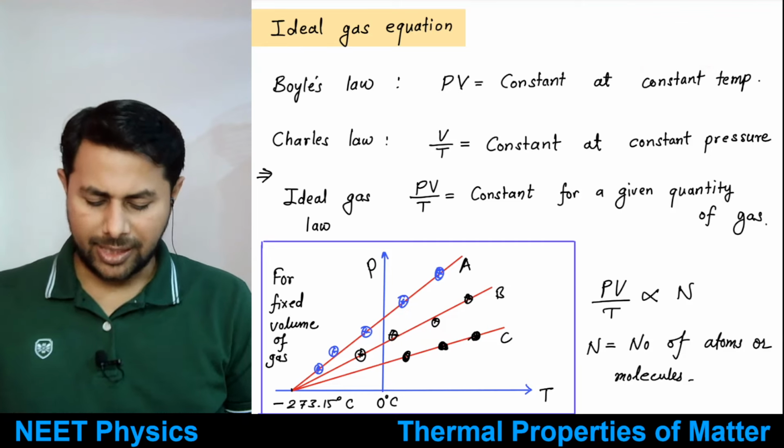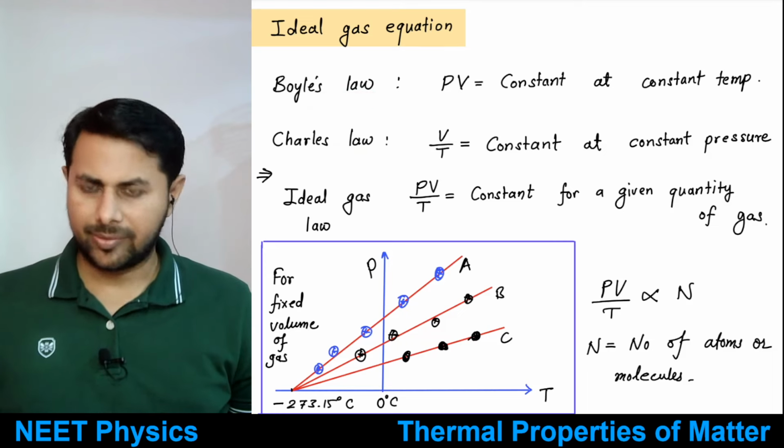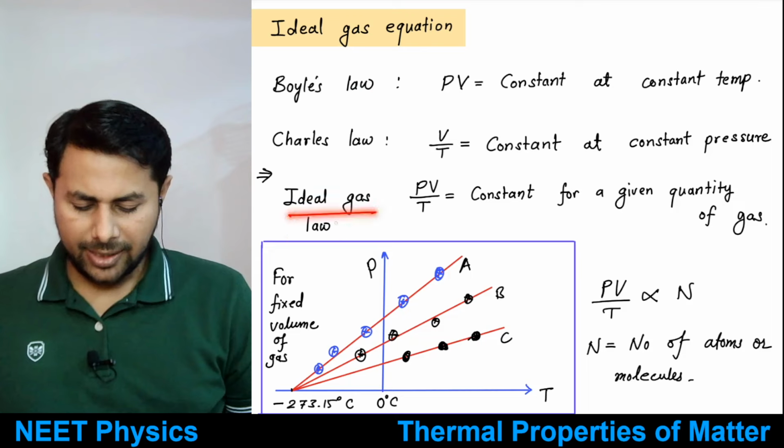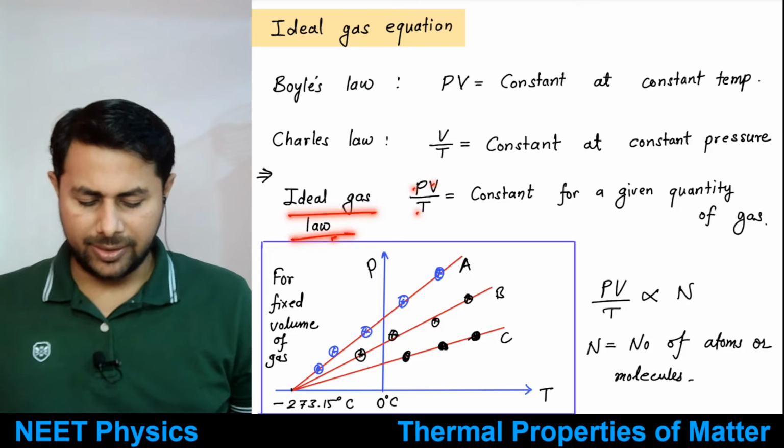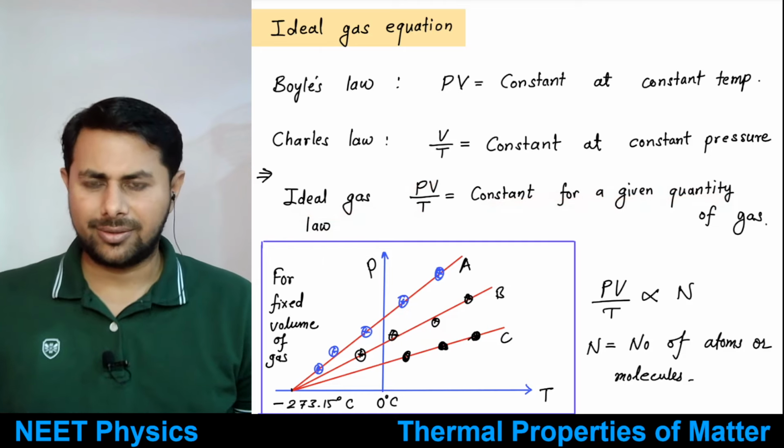So if you combine Charles' law, Boyle's law, and Gay-Lussac's law, what you get basically is the ideal gas law, that PV by T is a constant for any given quantity of gas. This thing is clear?